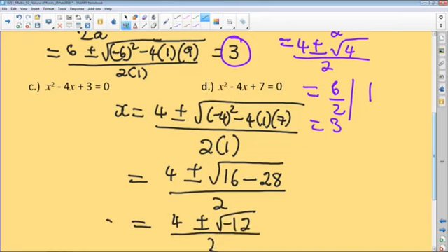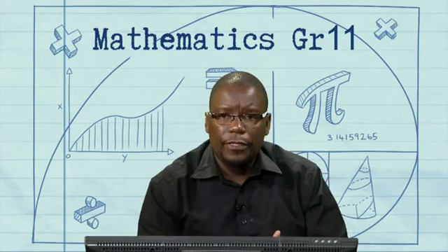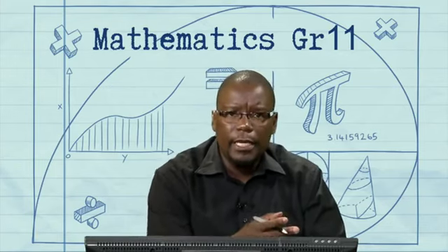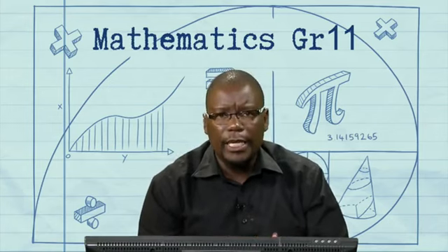Even if we don't continue, guys, watch, you've got a square root of a negative number. Even if you press your calculator, it's going to tell you math error. Now remember what we said earlier, that is an imaginary number.